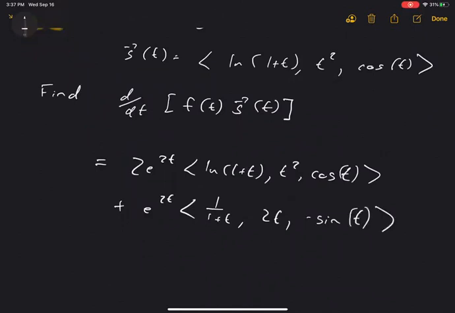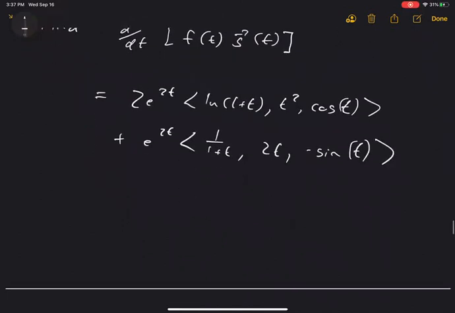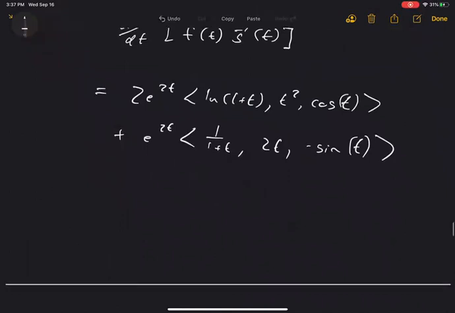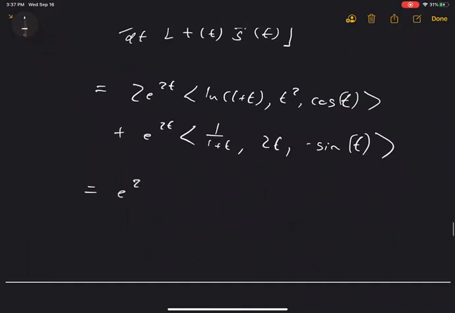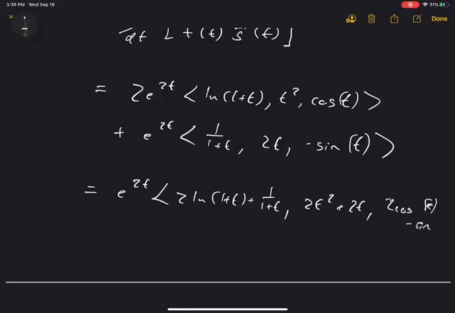So I need to add these two things together. This should be enough, but we could put it all together by factoring out e to the 2t, and then I'd have 2 ln 1 plus t plus 1 over 1 plus t, 2t squared plus 2t, 2 cosine t minus sine of t.